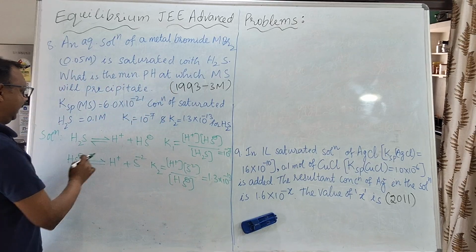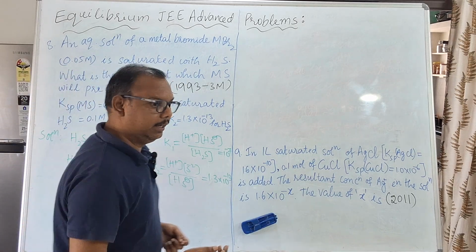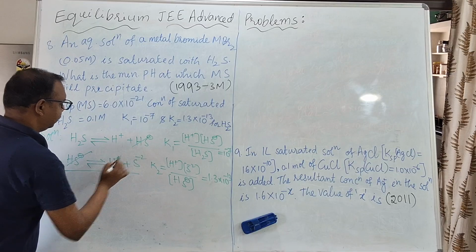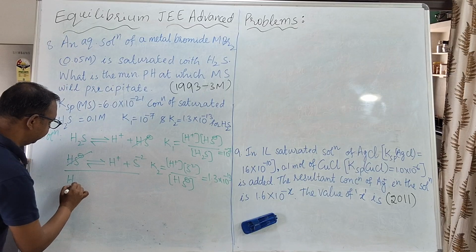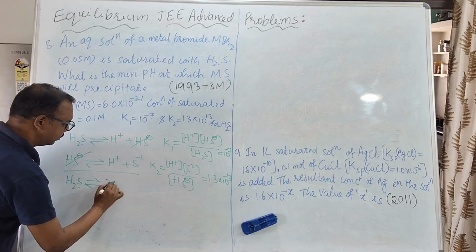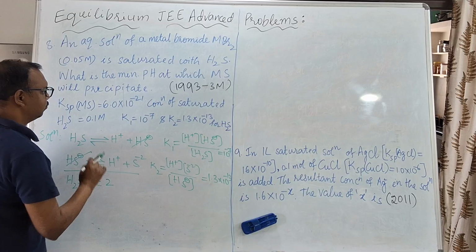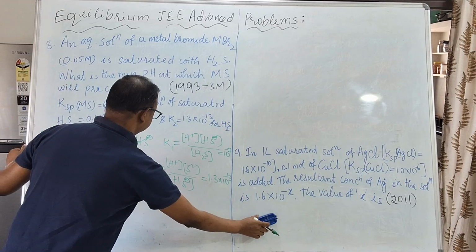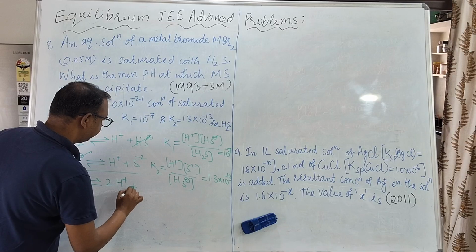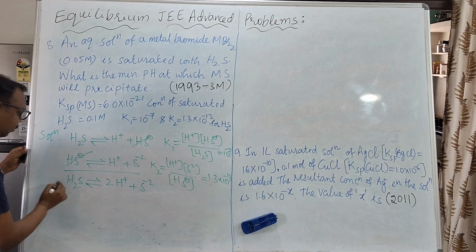Now by adding these two equations, what will we get? These two are cancelled out. H2S gives rise to 2H plus plus S minus 2, so here we write H plus square.